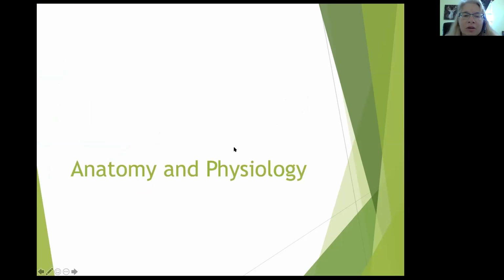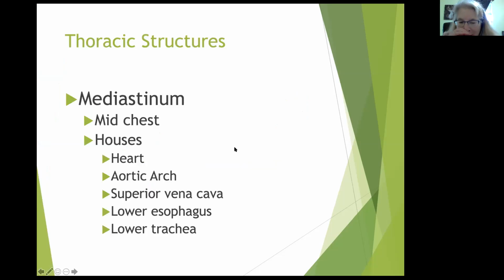Okay, let's talk a little bit about A&P, because you need to know your A&P in order to understand what you're listening to, what you're hearing. And this A&P also rolls over into cardiac, which you'll be doing on Wednesday. So in your chest, in the mediastinal region, and the mediastinum is right behind your sternum, this is pretty much where your heart lives.